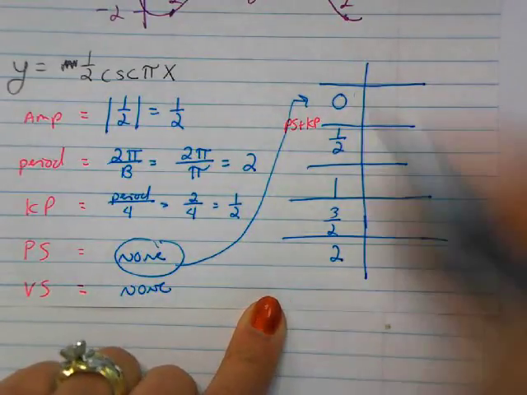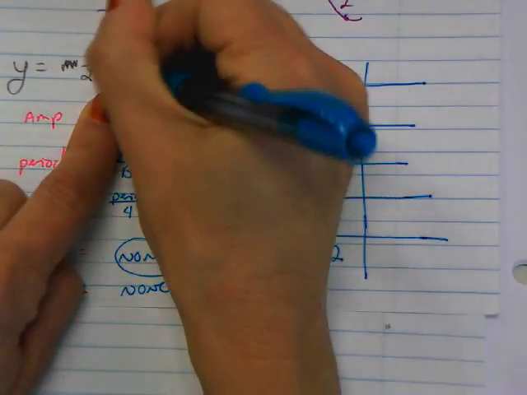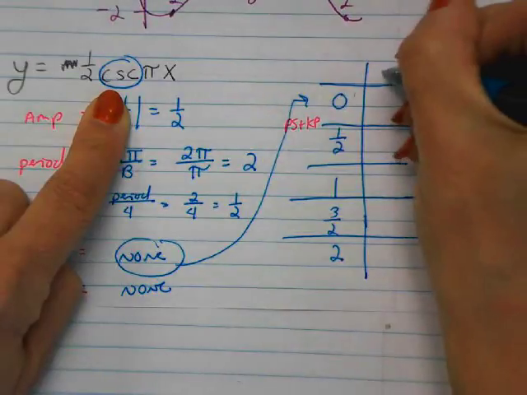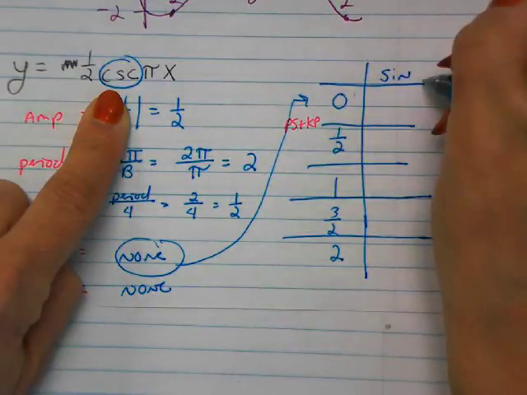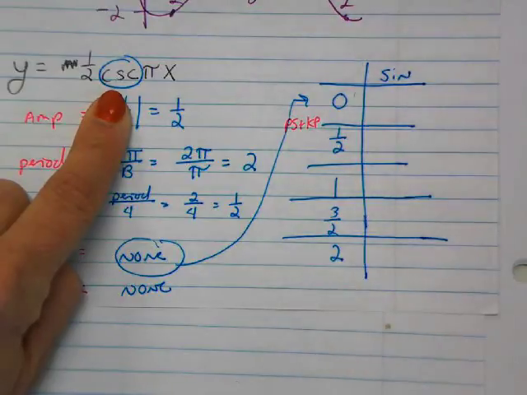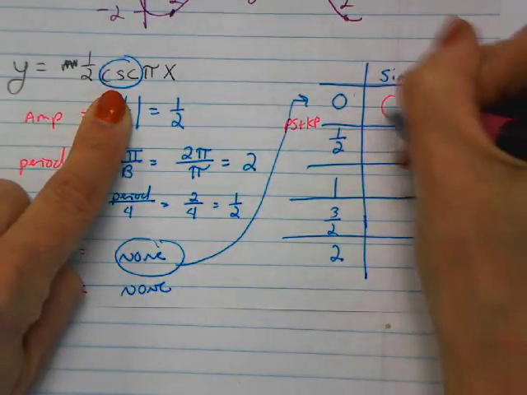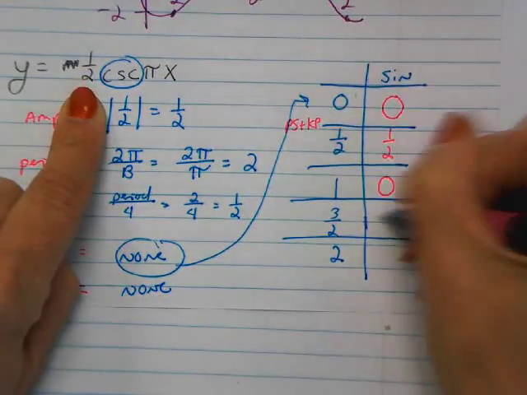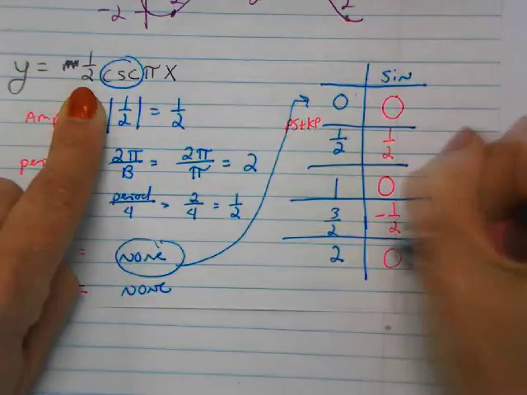Now, cosecant is the graph of which function? Who does cosecant pair with? He pairs with sine. So now what does sine start at? Sine starts at 0, goes to the amplitude, back to 0, the negative amplitude, back to 0.